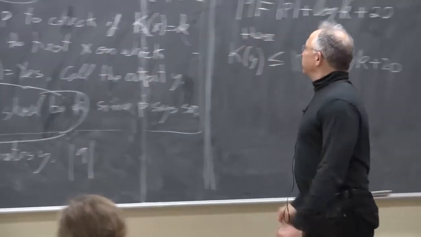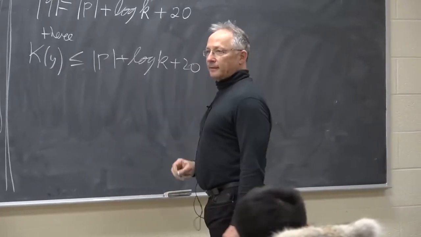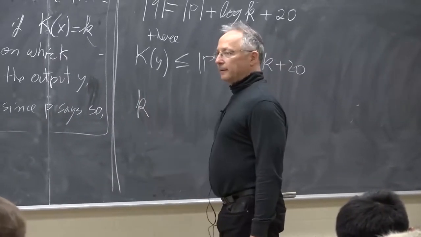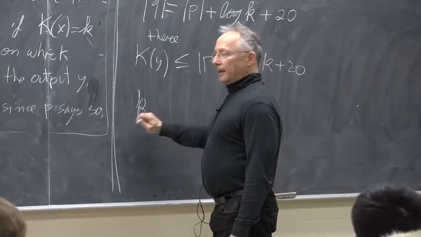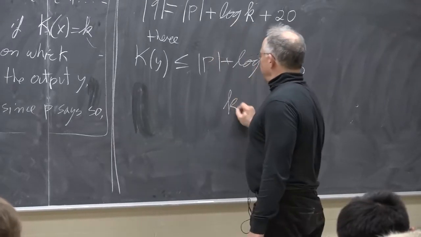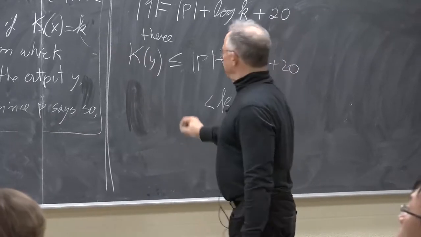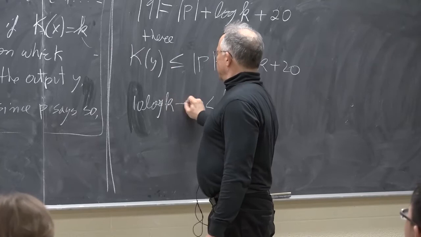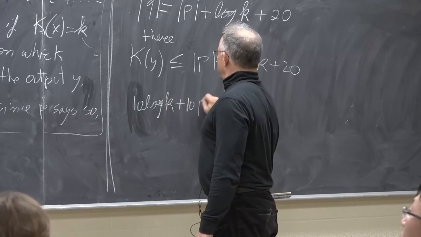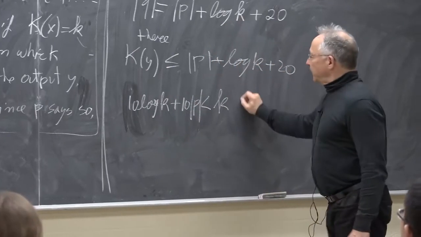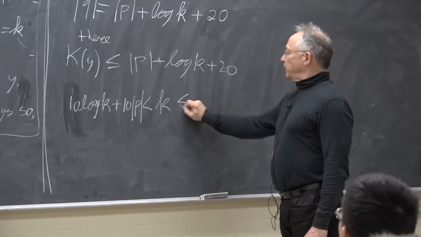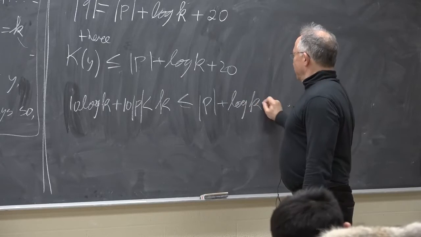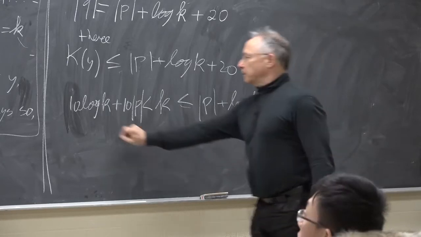On the other hand, K of y is less than this. And I already picked k to be bigger than 10 log k plus 10 times P, or plus P. And on the other hand, it's less or equal than P plus log k plus 20. But that's a contradiction.